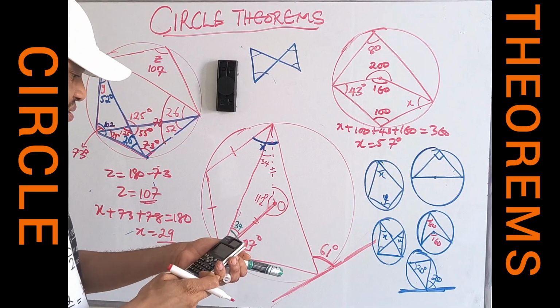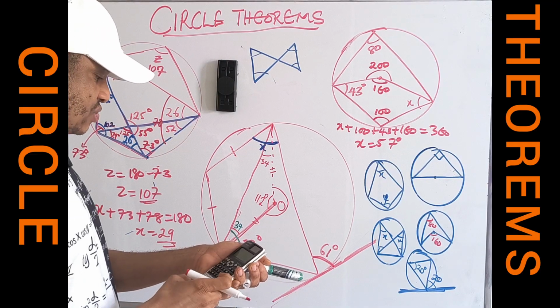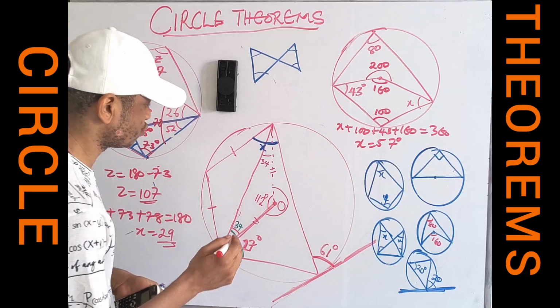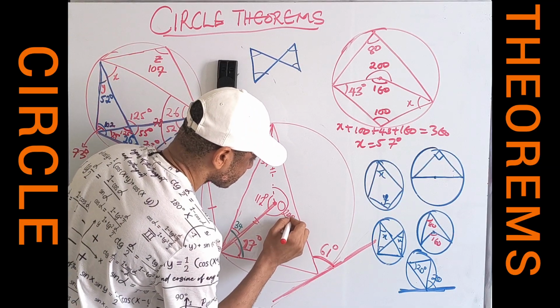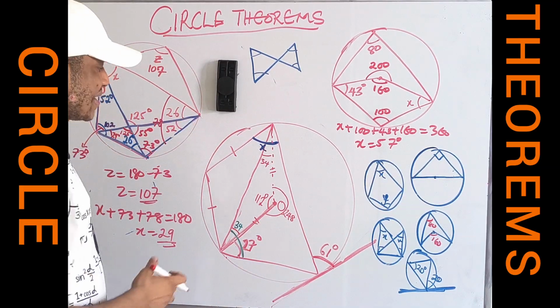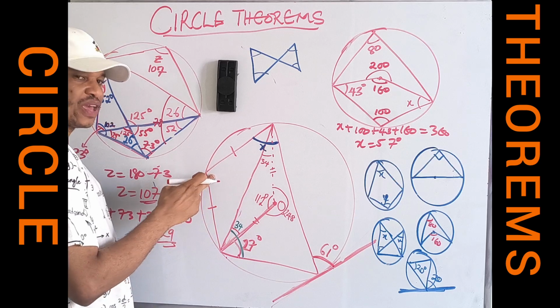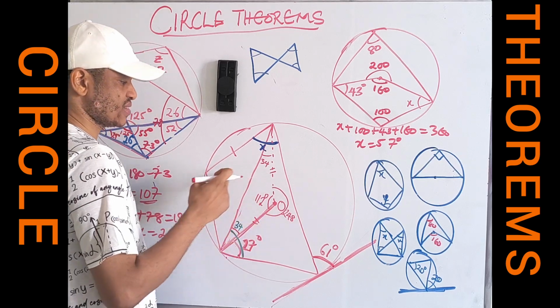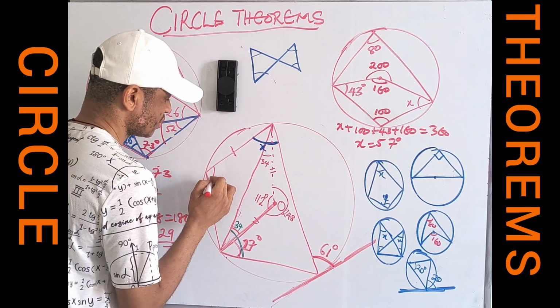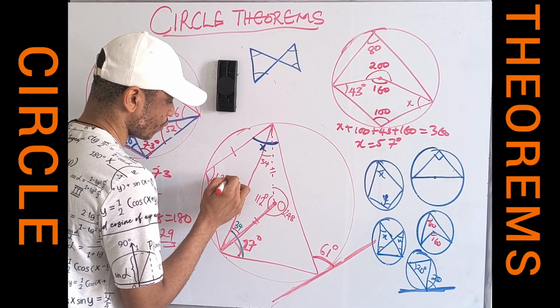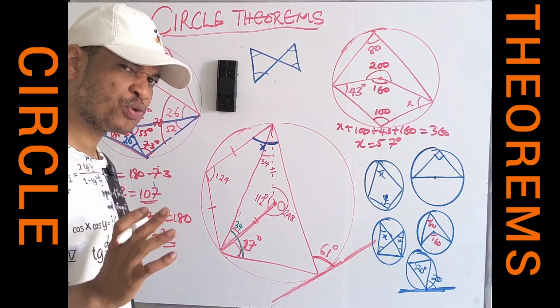So 360 minus 112 will give me 248. Now 248, you come here, center, circumference, divide by 2, you get 124. You see how I'm going?